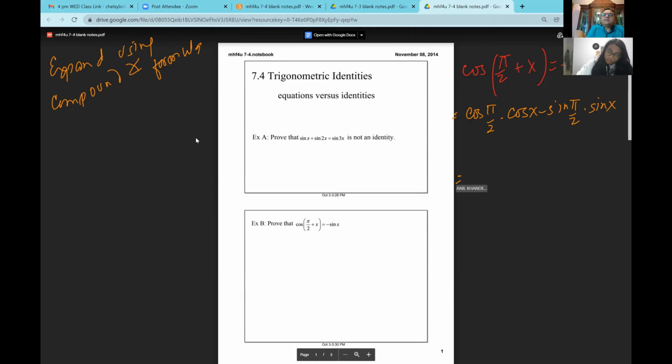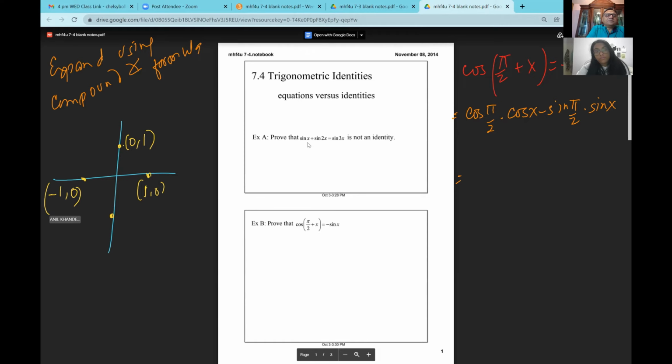See, very easy to find the pi by 2 values and 0 values from the unit circle itself, right? So if I have these points at unit distance from the origin, what are their coordinates? This is 1, 0, right? And this is 0, 1. This is minus 1, 0. And this is 0, minus 1, correct?